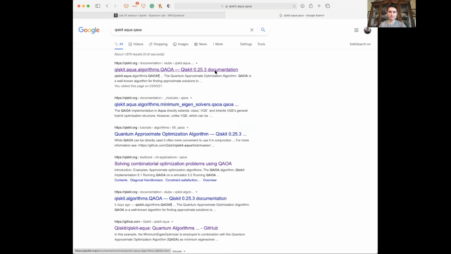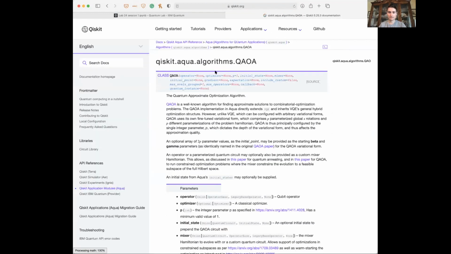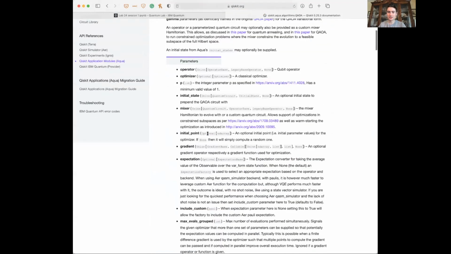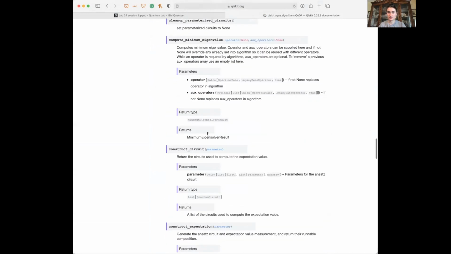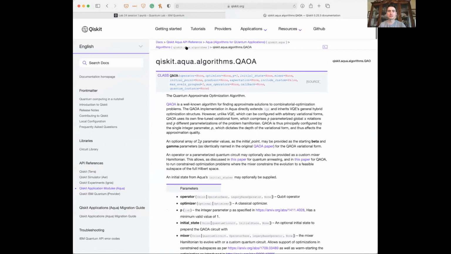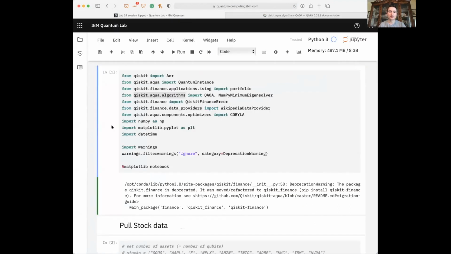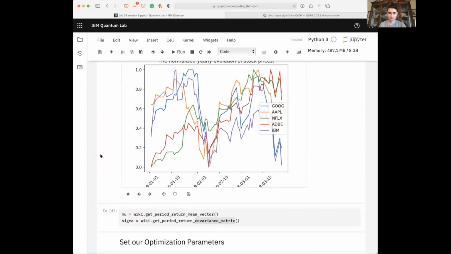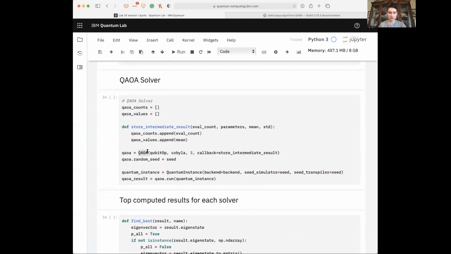Pick the first link here. Okay, so this is a function that takes quite a few arguments, as you can tell. And purely judging from the length of this page, there is quite a bit to learn about how this thing works. But okay, so we're using some built-in function in Qiskit to run the quantum part of the optimizer. I can make do with that. We have this quantum instance. This actually looks like just some duplicated code, right? We saw this same quantum instance business earlier on.